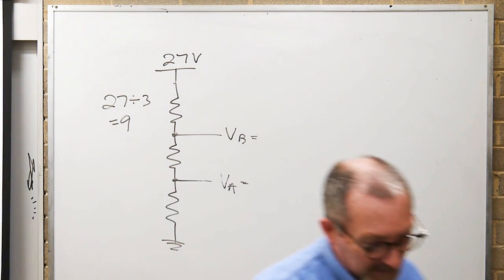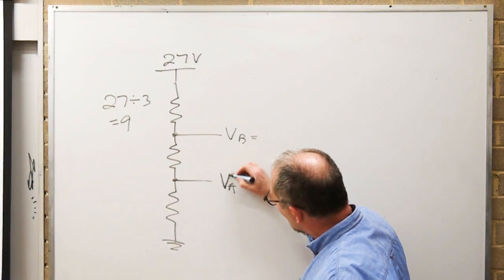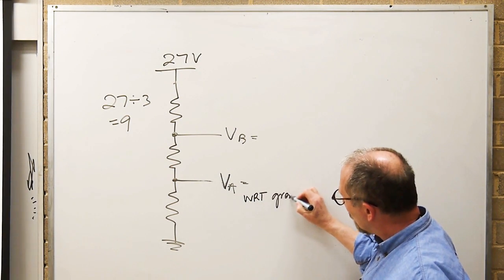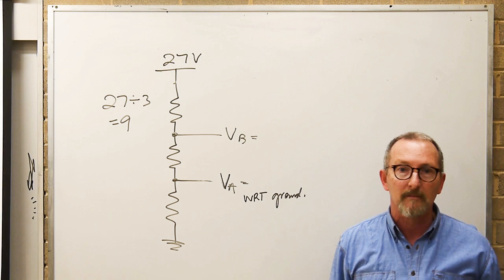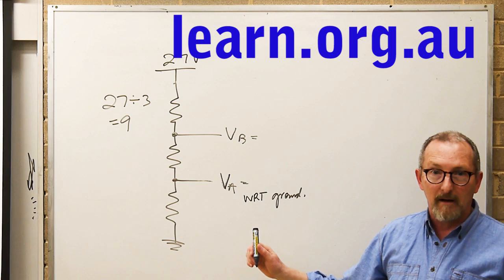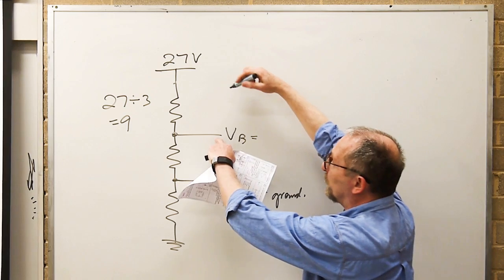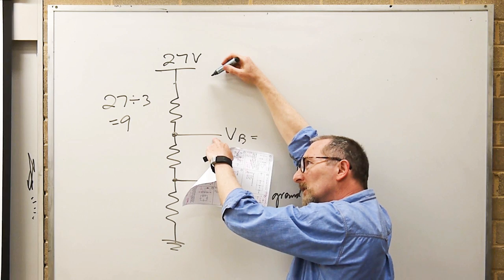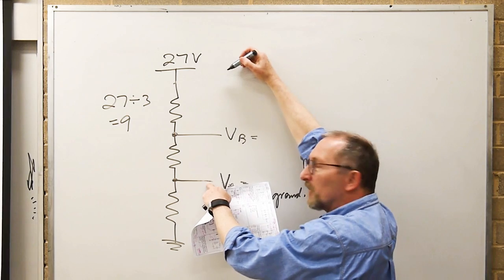Now you're absolutely correct in saying that too, because maybe the question should have said VA with respect to ground. How did you work the other way? So you mean you went between there and there? Oh, to give you 9 volts, VB. And then the next one to there would of course be 18 volts.